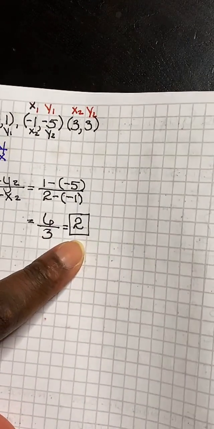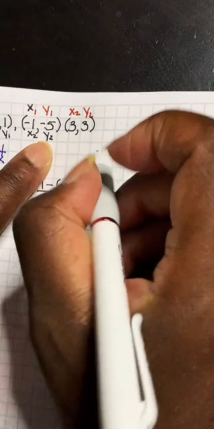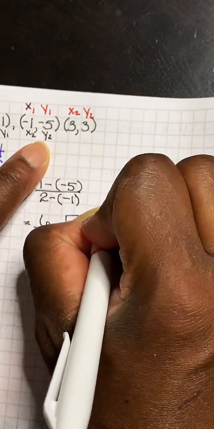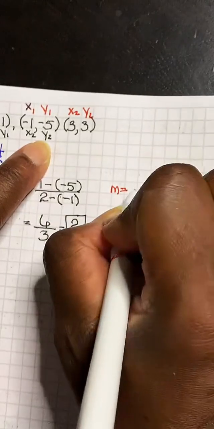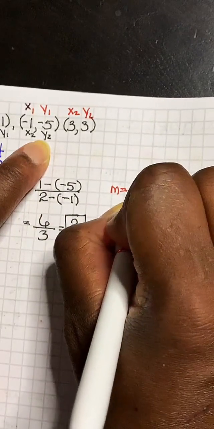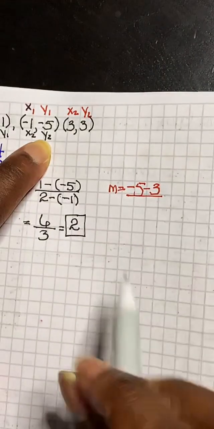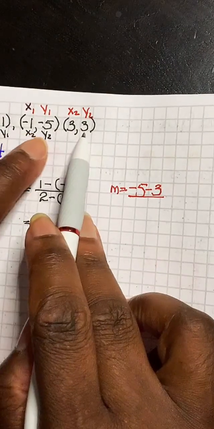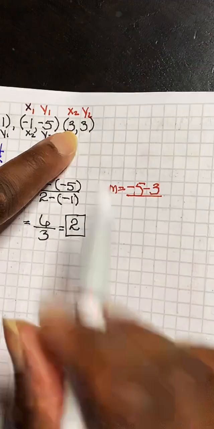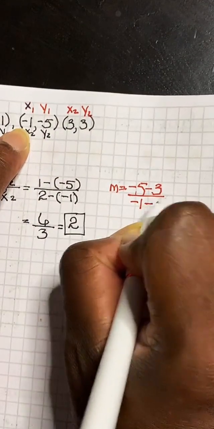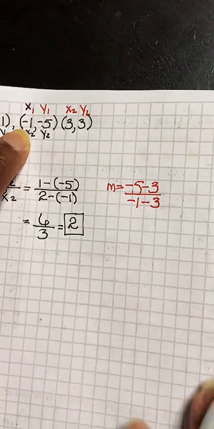So if I look at my change of y's over my change of x's, so I have my negative 5 minus 3, because it's a negative 5 minus this positive 3 over my negative 1 minus 3.